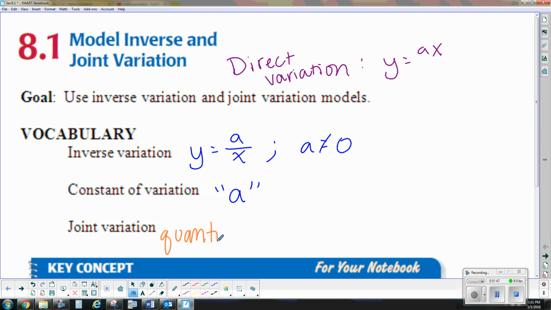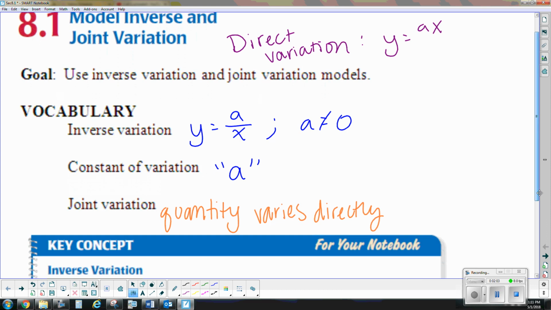So in joint variation, the quantity varies directly with the product of two or more other quantities. And remember what product means? That means multiplication.